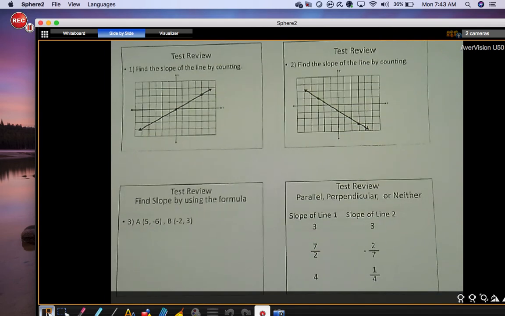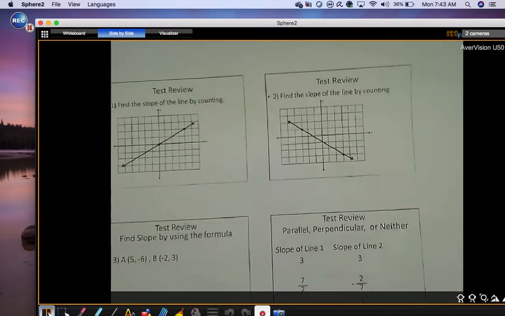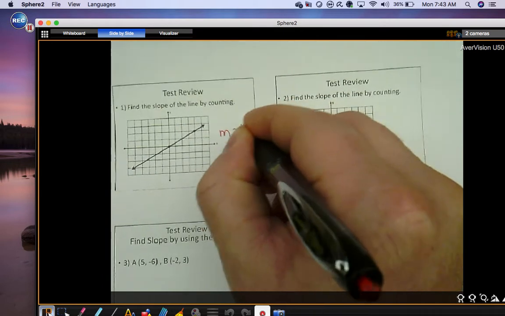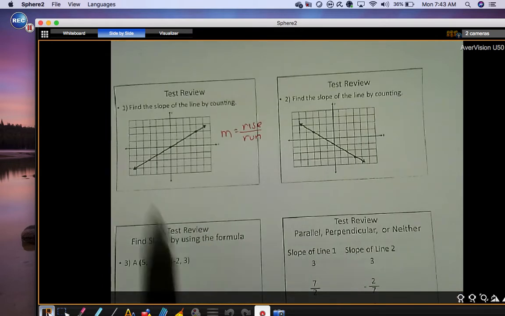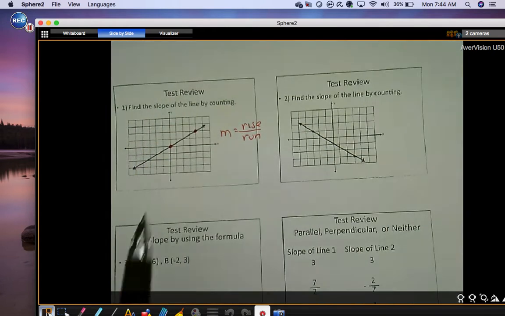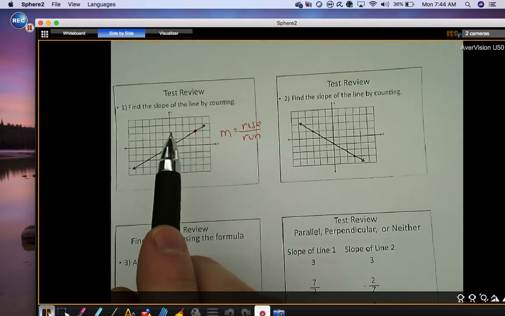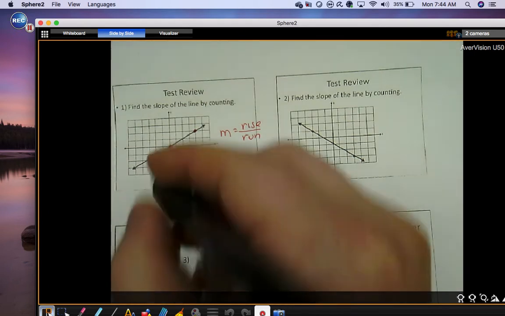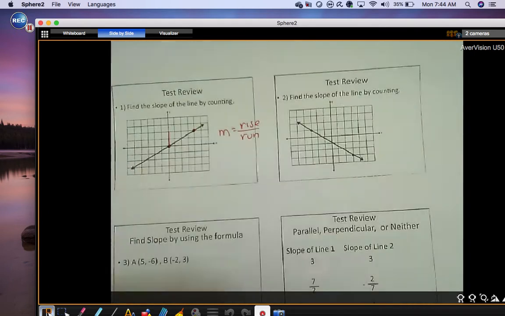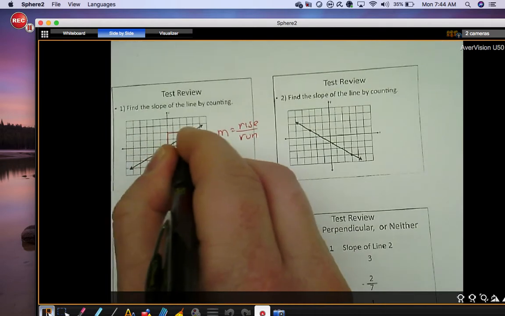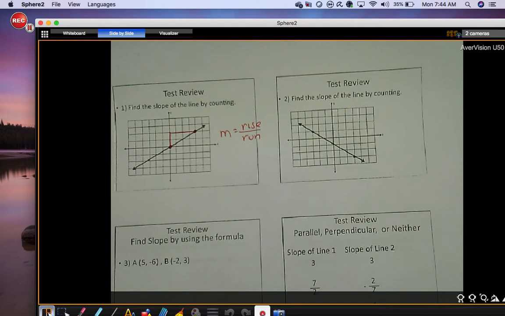Now when you go to count the slope, we're going to count the rise and the run. So remember, that's what slope is, rise over run. So from this point to this point, how far up do you go? How far to the right do you go? We're going to count up 2 units. And we're going to count to the right 4 units.